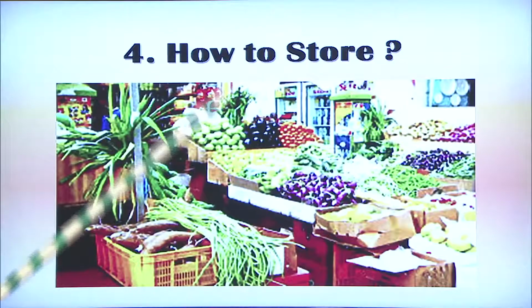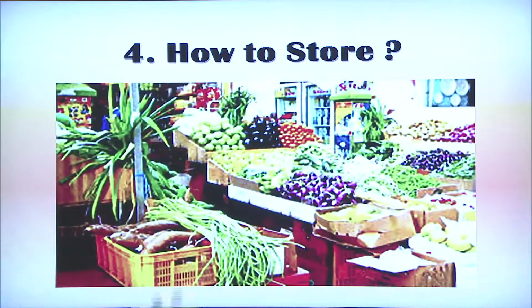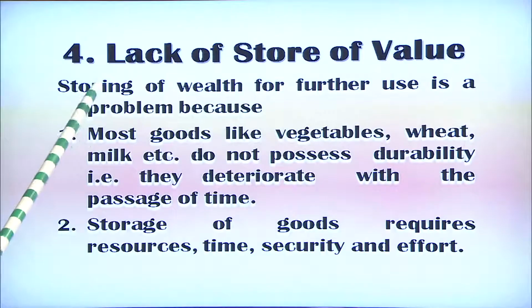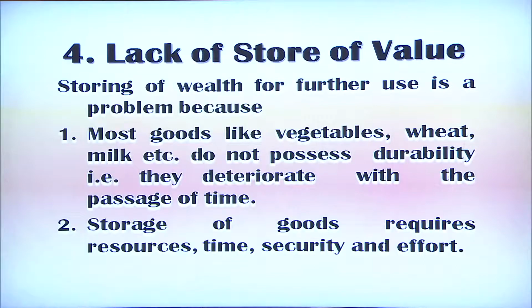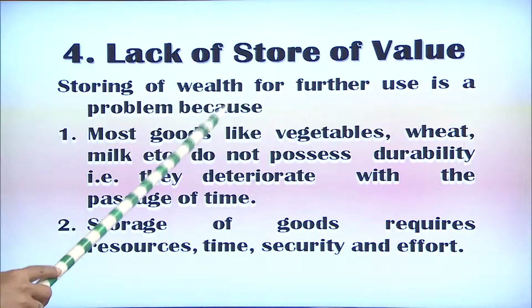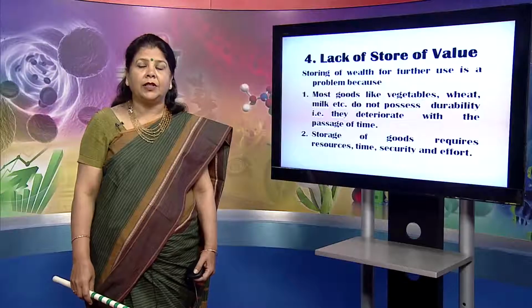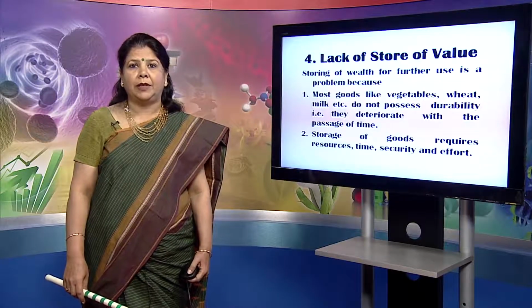Let us come to the fourth problem that the barter system had, and that was to do with the storage of goods. There was lack of store of value in the barter system. Storing of wealth for further use is a problem, because most goods like vegetables, wheat, milk, etc. do not possess durability.